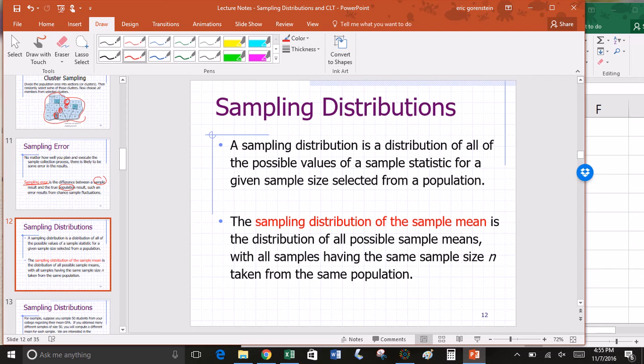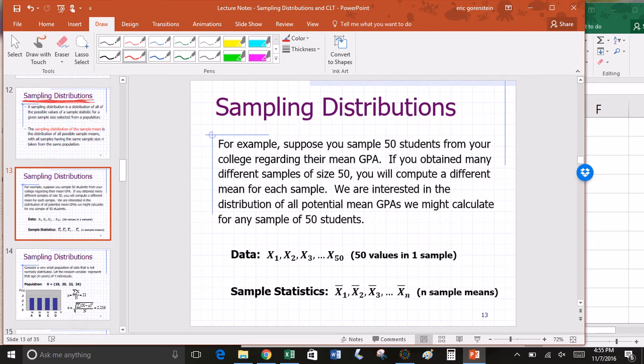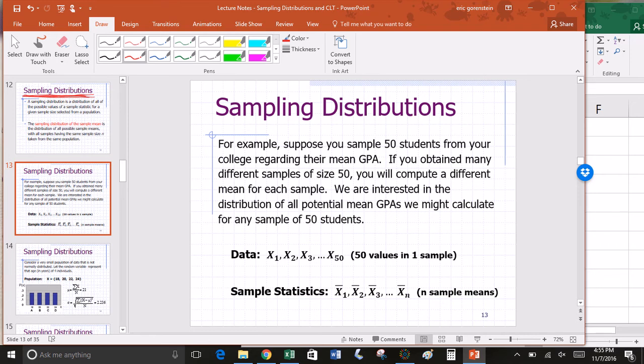So this brings me to the next topic, sampling distributions. A distribution of sample statistics is basically just a list of all possible sample statistics for a given sample size. For example, let's say we have a population of students and we're pulling samples of size 50.